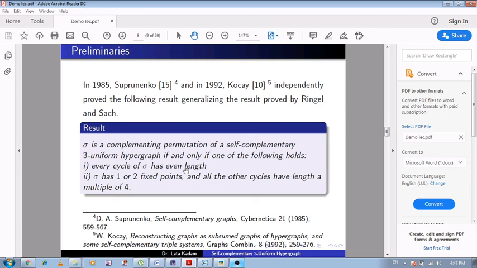Second, sigma has one or two fixed points, and all the other cycles have length a multiple of 4. This result is a generalization of the result proved by Ringel and Suck, giving the cycle structure of complementing permutations of self-complementary 3-uniform hypergraphs.